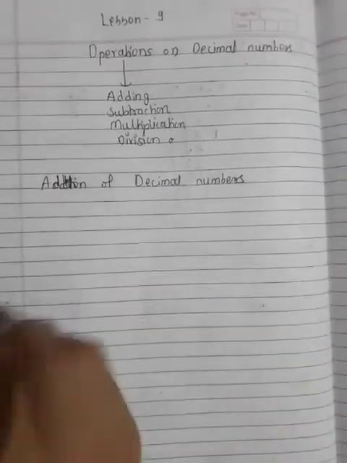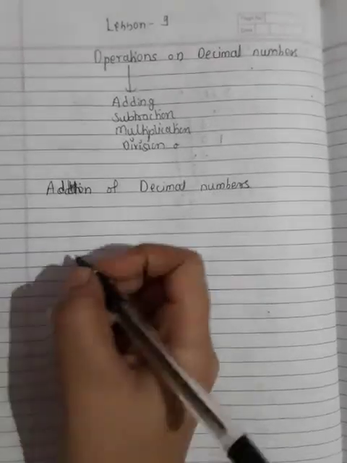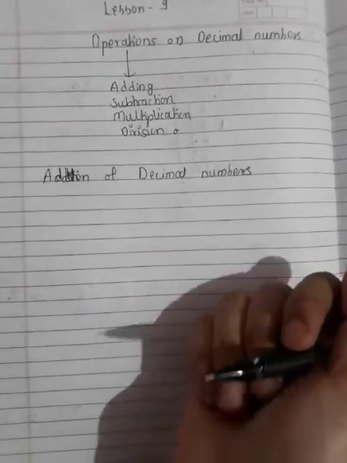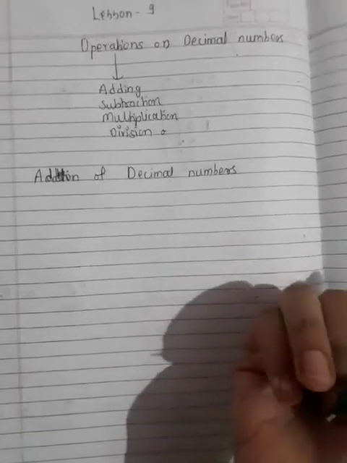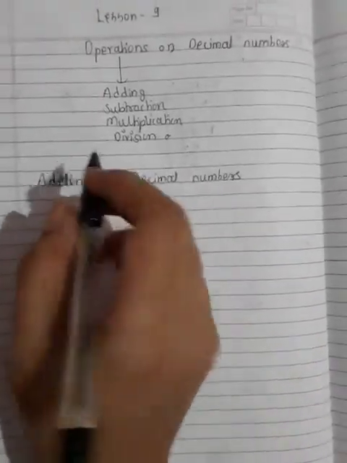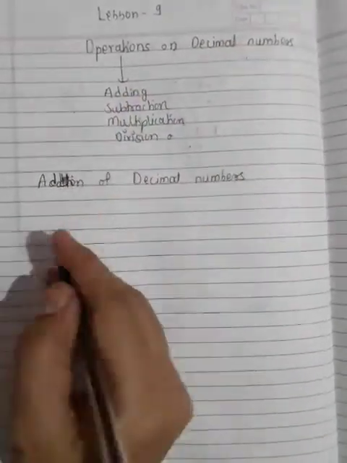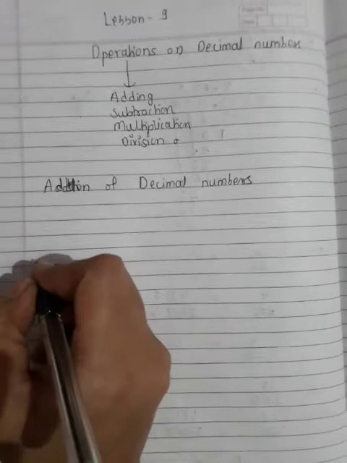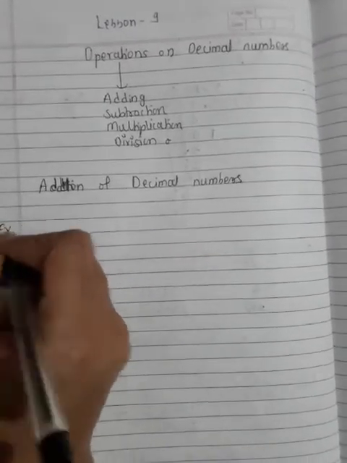See, addition of decimal numbers is the same as addition of whole numbers. Just there is a point here. Now see how to add the decimal numbers. So suppose we take an example.